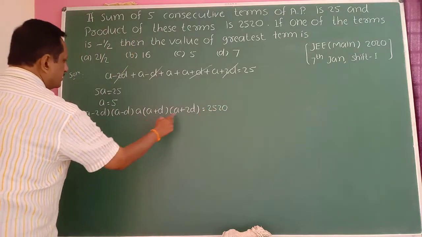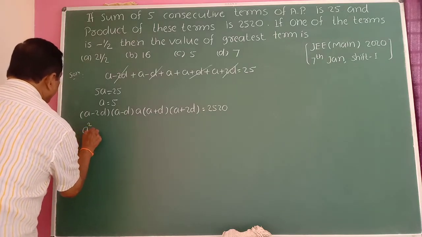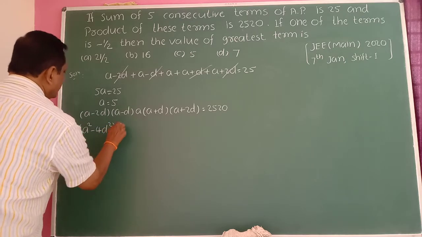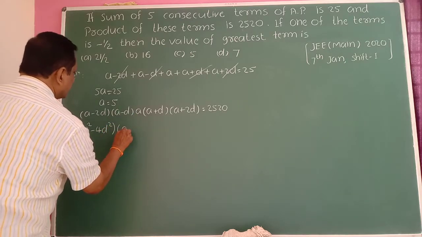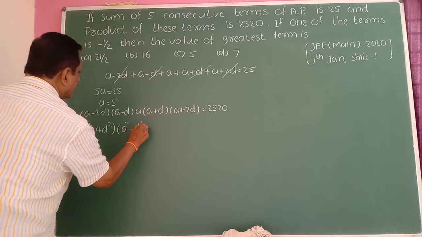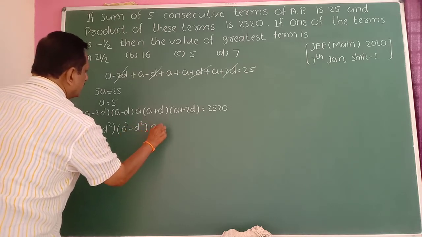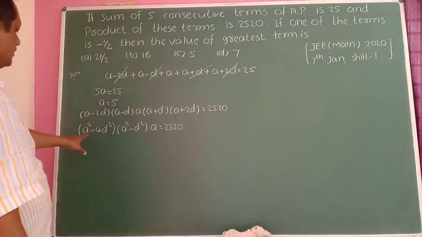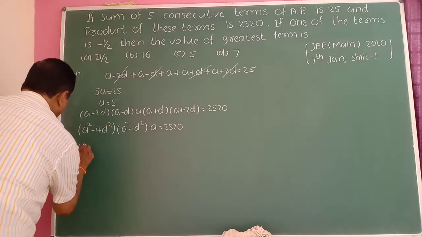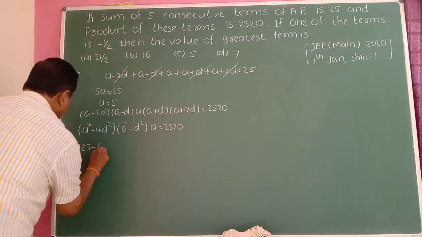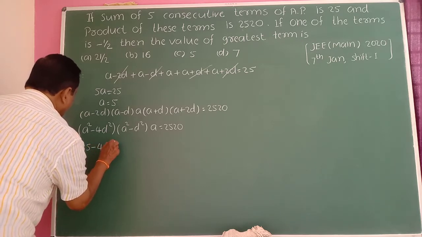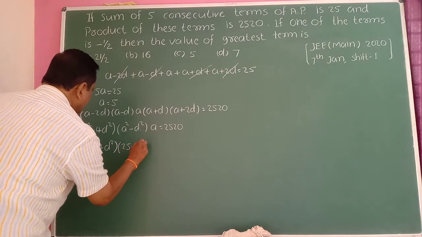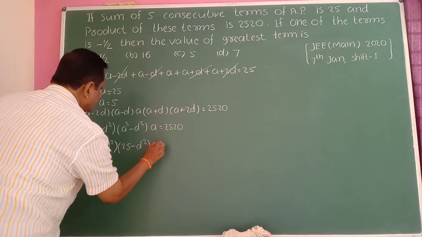Then the product of the outer two terms gives a square minus 4d square, and then a square minus d square, into a, is equal to 2520. But the value of a is 5, so 5 square is 25 minus 4d square.